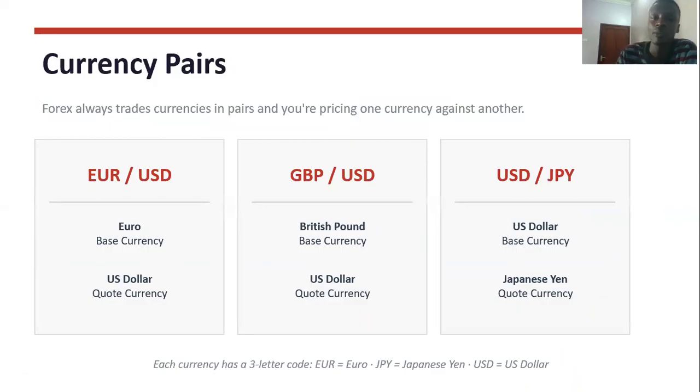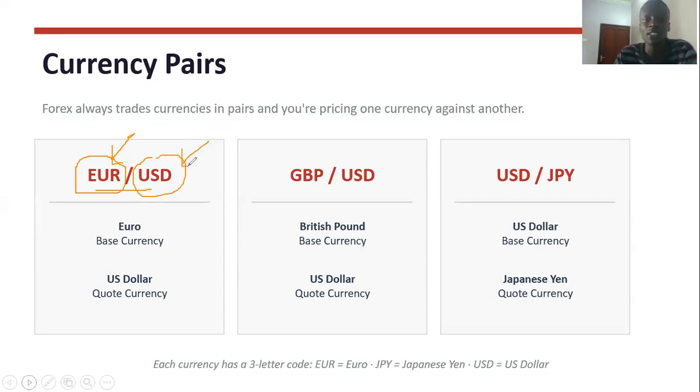As I talked about earlier, within forex we trade currency pairs. Currency pairs are bought and sold, such as the EUR/USD. We shall have a lesson about currency pairs, but let me just hint on this. In EUR/USD, the Euro is the base currency and the USD is the quote currency.